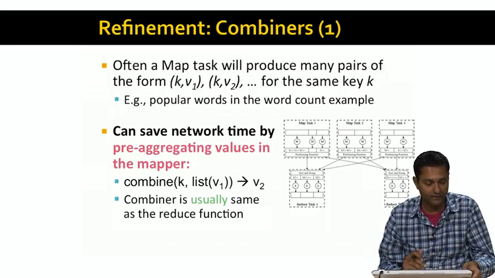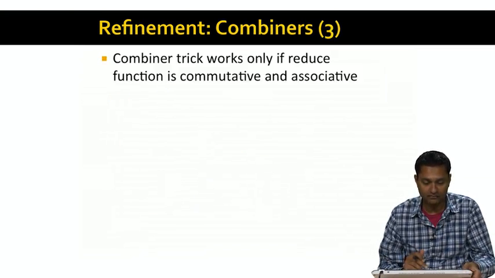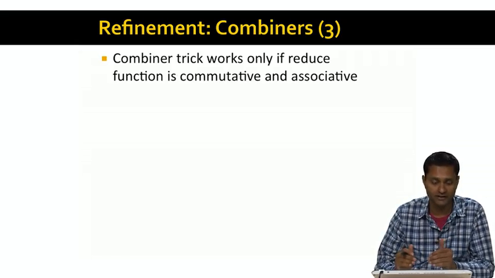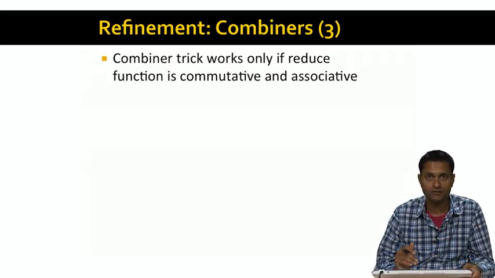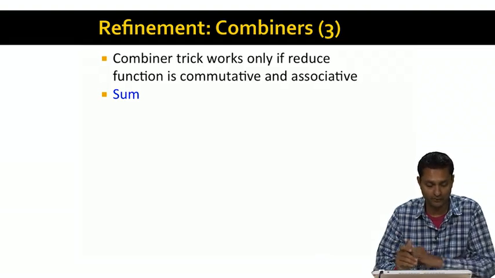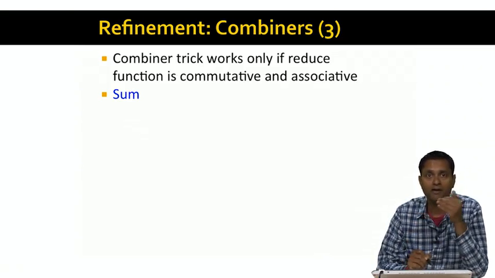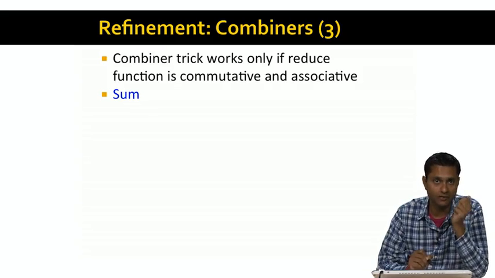However, we have to be careful because this trick of using the combiner works only if the reduce function is commutative and associative. Let's look at a couple of examples. Let's say the reduce function is a sum function. You want to add up all the input values, as in the count example.